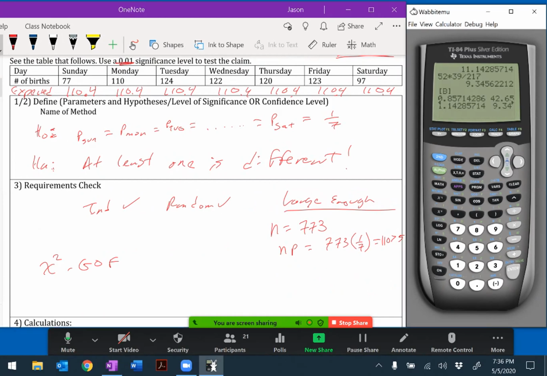So for this one, I'm going to go to my lists. I'm going to edit my lists and clear them. Okay, so this is a chi-square goodness of fit test. L1 is going to be my observed.